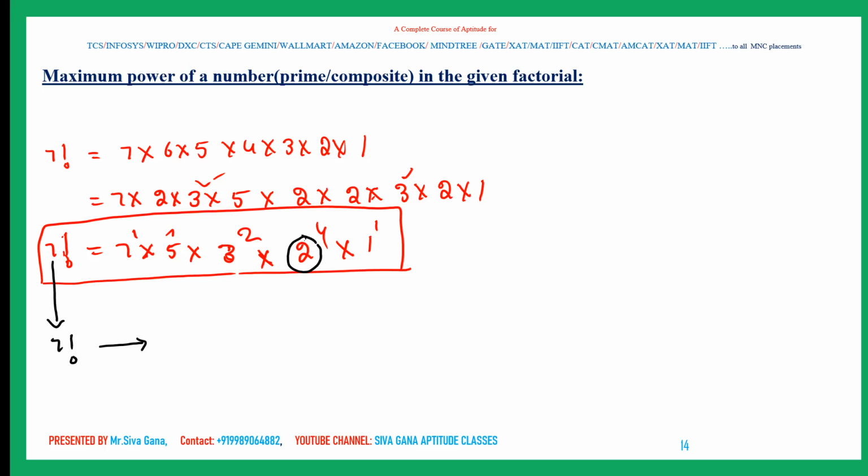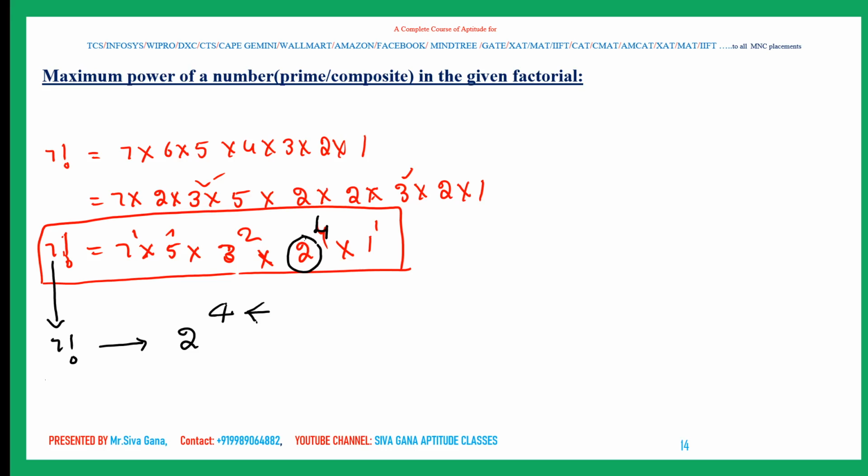If you write 7 factorial in terms of 2 powers, up to a maximum of 4 we can write. So we can write 7 factorial in terms of 2 power up to power 4. Therefore, the maximum power of 2 in 7 factorial is 4. This concept is helpful in trailing zeros also, right?